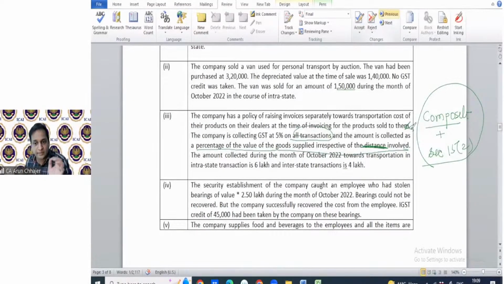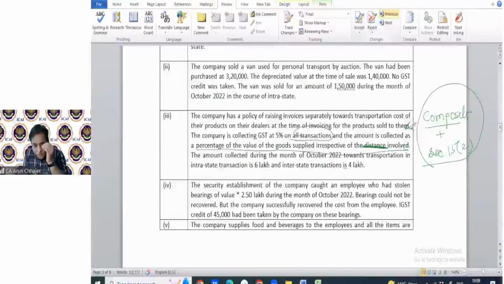Section 15 subsection 2 says, if any supplier collects any amount from the recipient, like packing charges, commission, etc., whatever the amount is collected, it will be included in the value. According to the composite supply, see, inclusion in the value is because of 15 subsection 2.